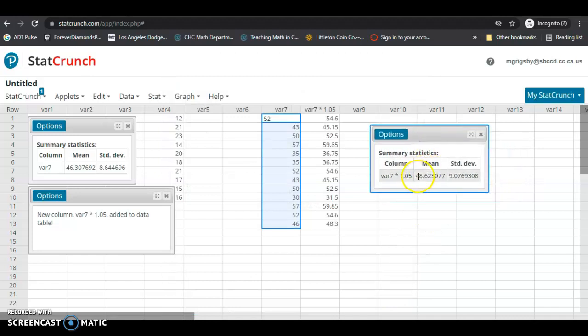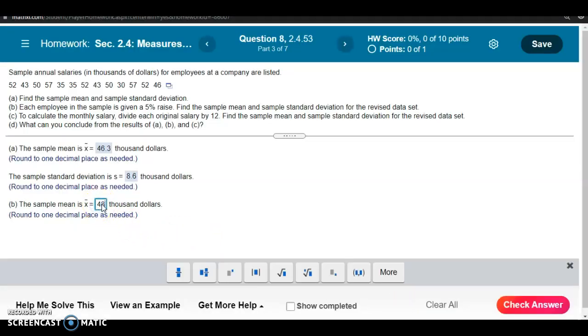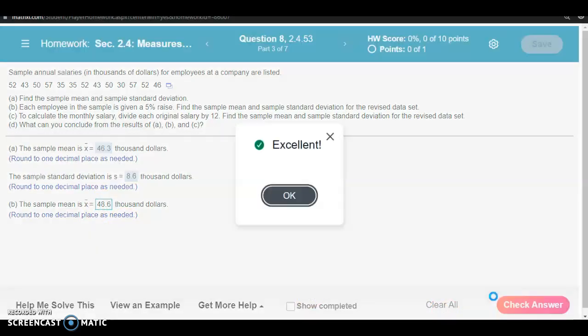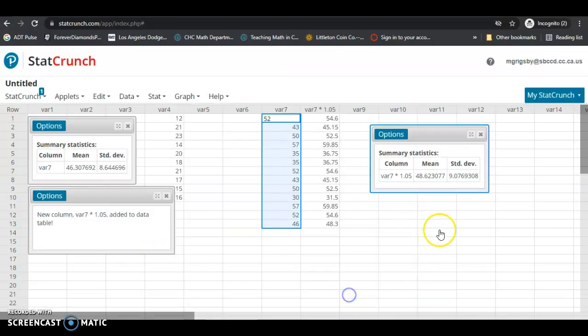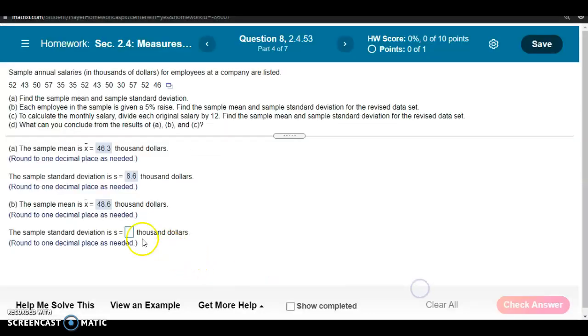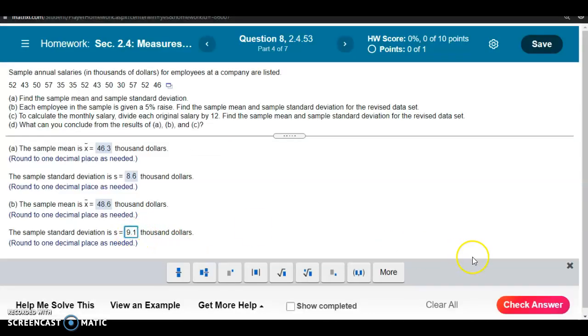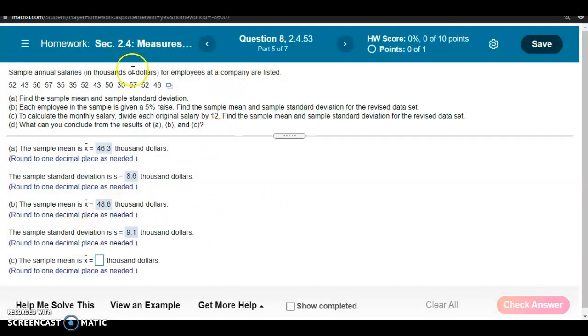So the mean is 48.6 now, and the standard deviation is now 9.07, so rounded to one decimal place, that's 9.1. That 0 gets rounded up to a 1, so the answer is 9.1. That's how you do part B.